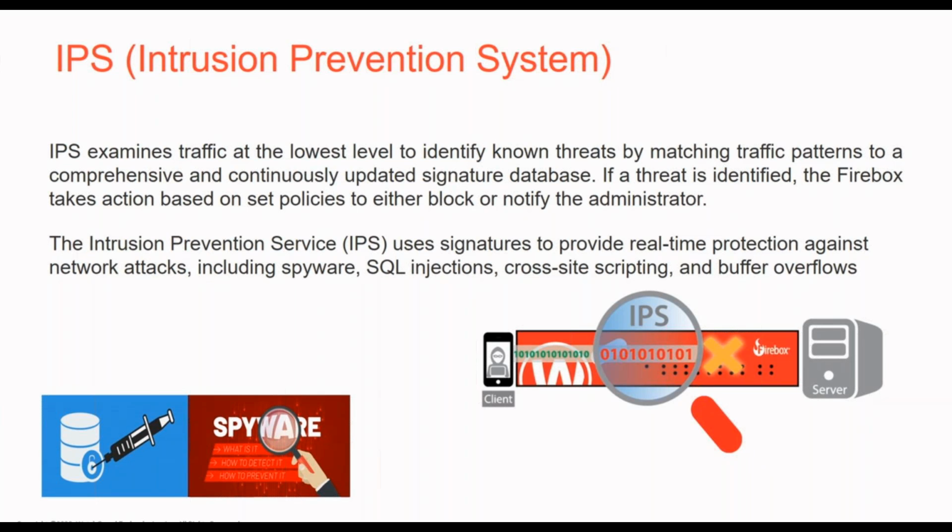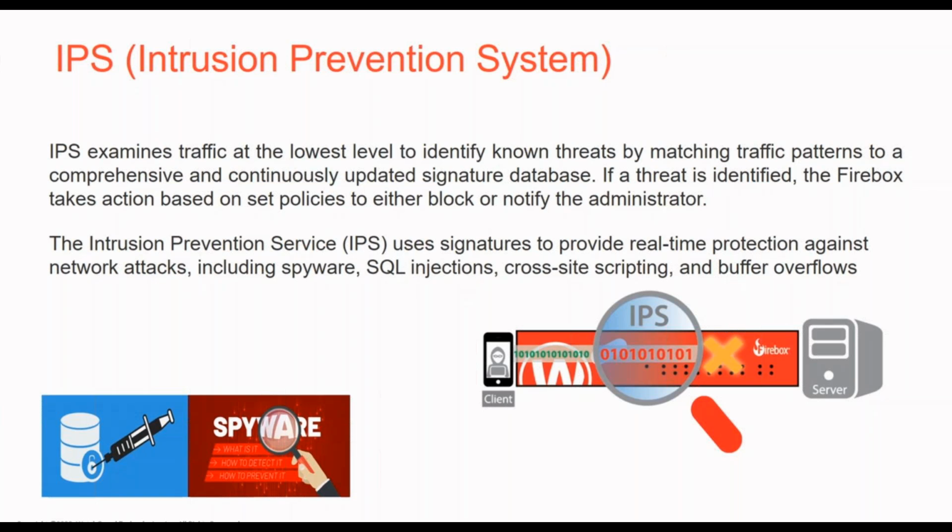The first service here is IPS, the Intrusion Prevention System. It's one of the oldest security services in the industry. It examines the traffic at the lowest level and identifies known threats by matching traffic patterns to an updated signature database. This is why this feature depends on database updates.